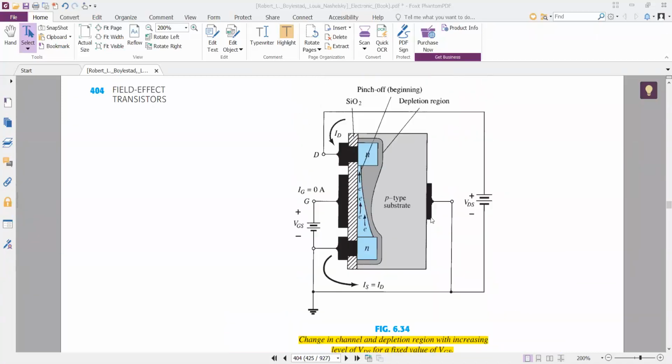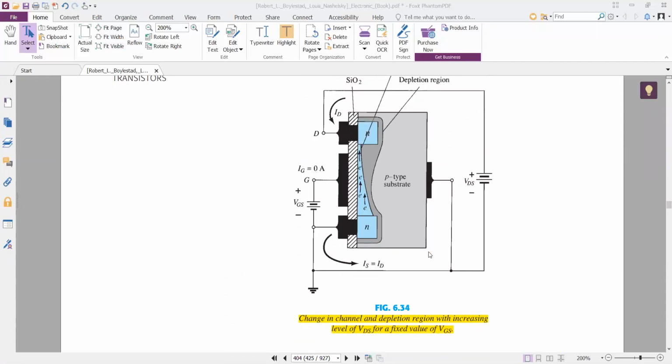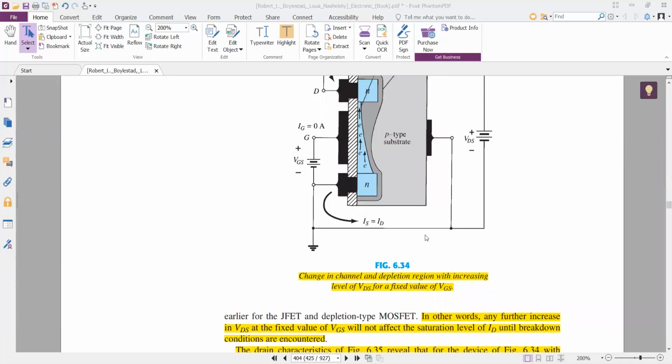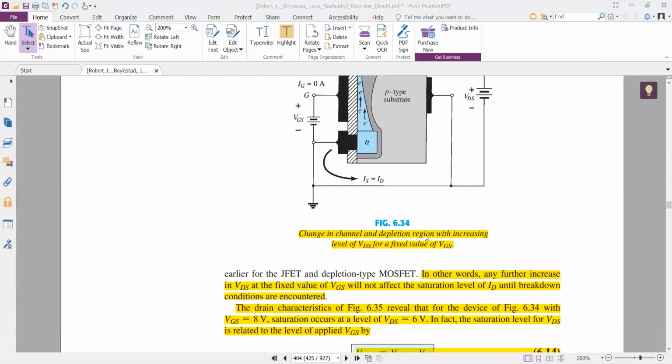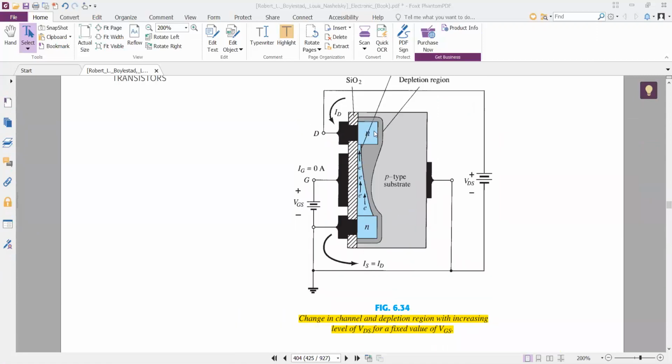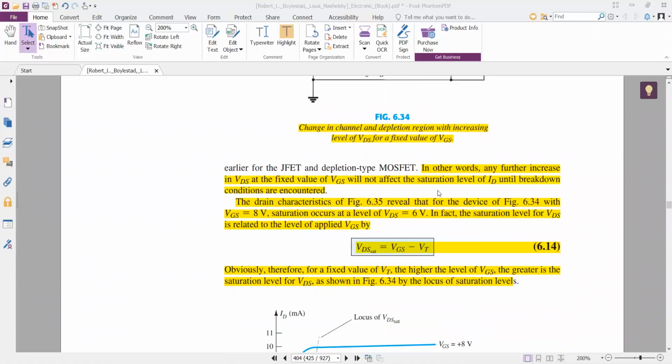So any further increase in VDS will only increase the reverse bias voltage at the PN junctions, and a point will come when these junctions will break down and a huge current will flow from drain to source.